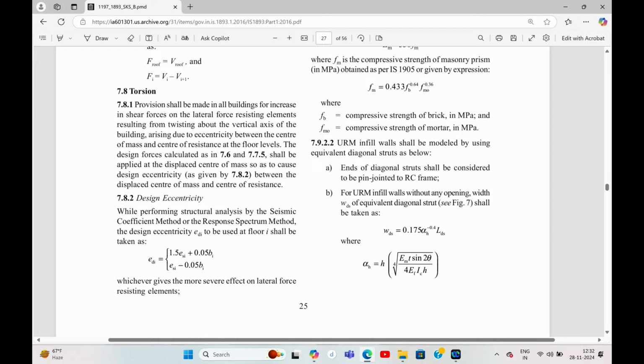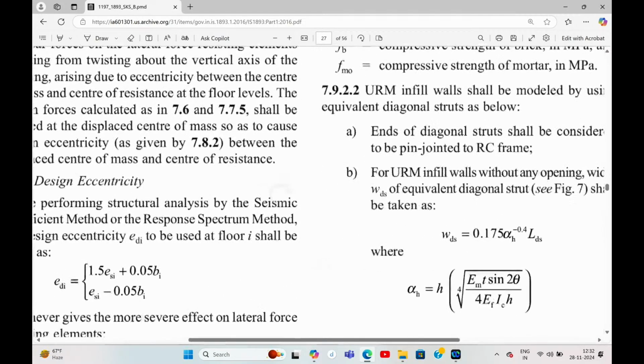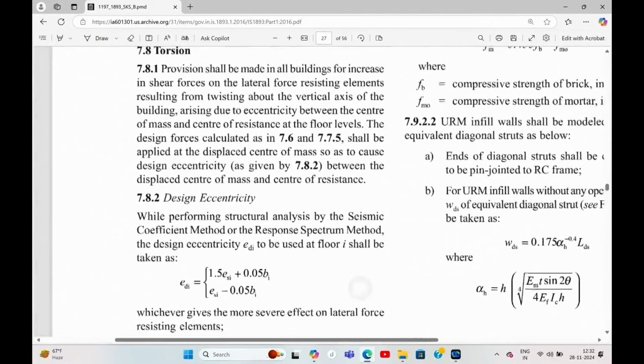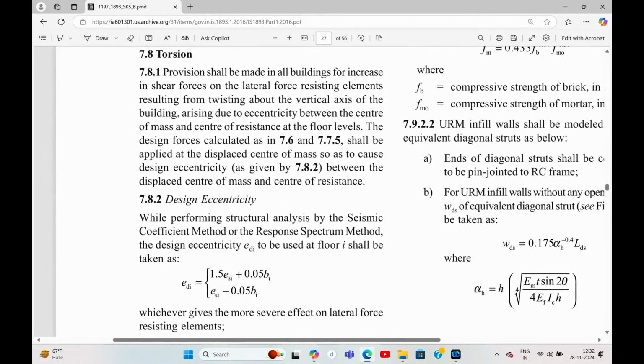Is it okay up to this point? Now we know what is center of mass, what is center of resistance, right? Center of resistance is nothing but center of stiffness, right?